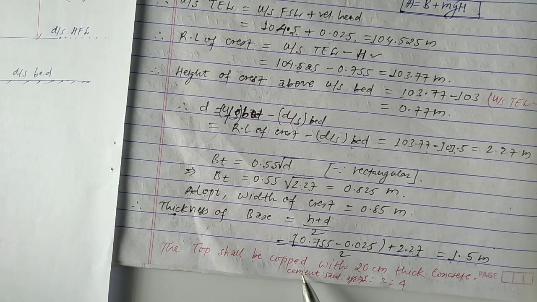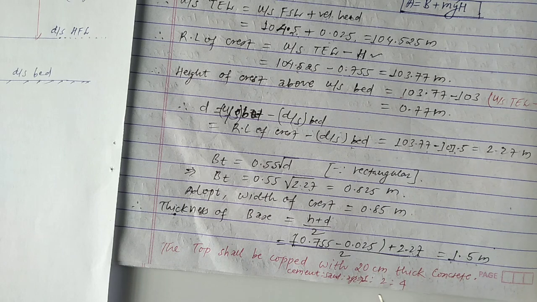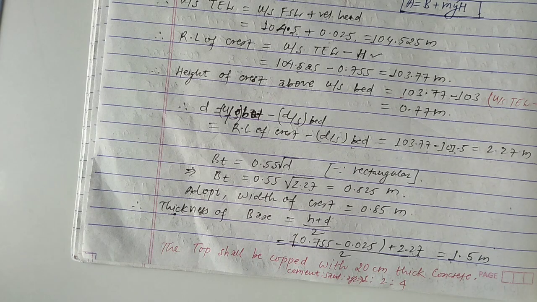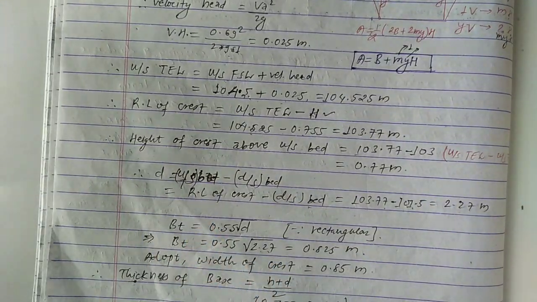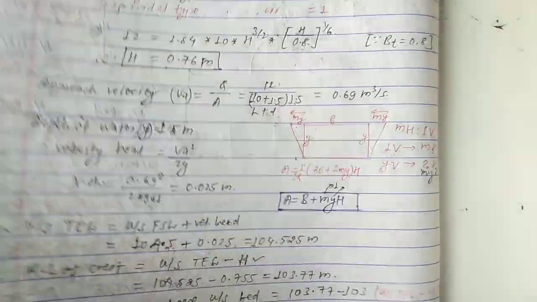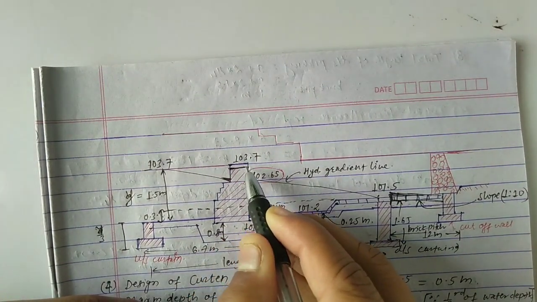The top shall be capped with 20 cm thick concrete, and cement sand aggregate ratio is 1:2:4. So you can write it like this. This will be better for understanding. In this figure you can see we have to provide this height, from here to here.